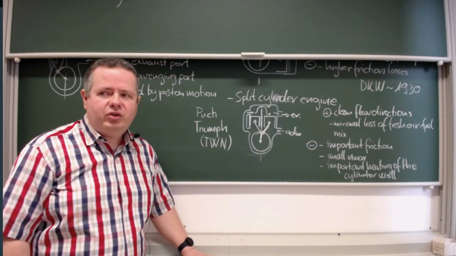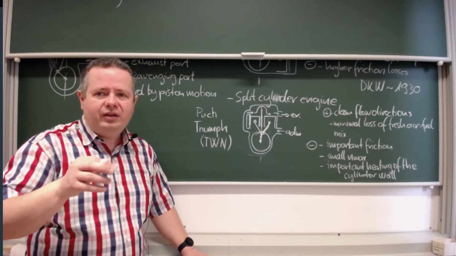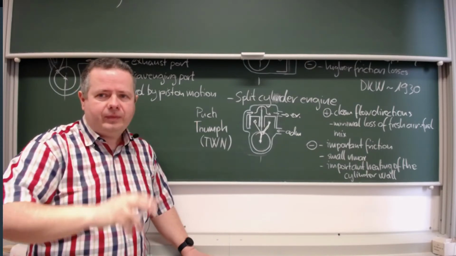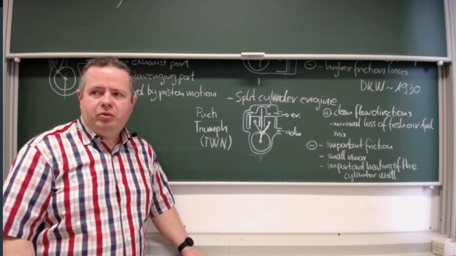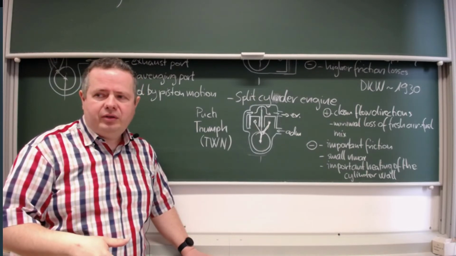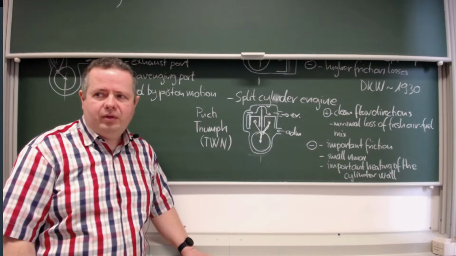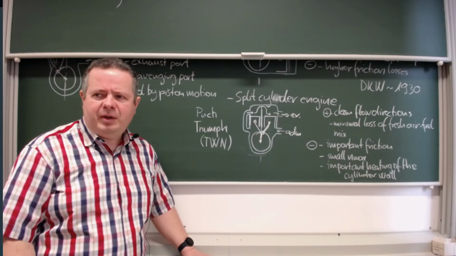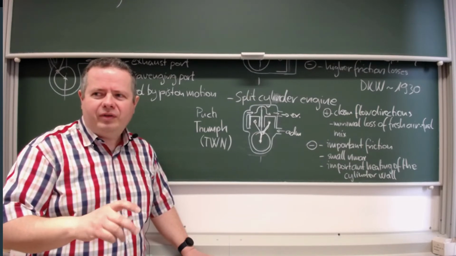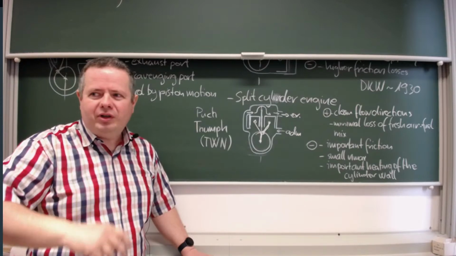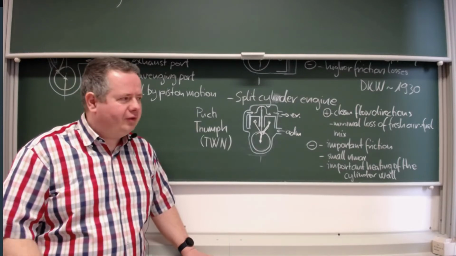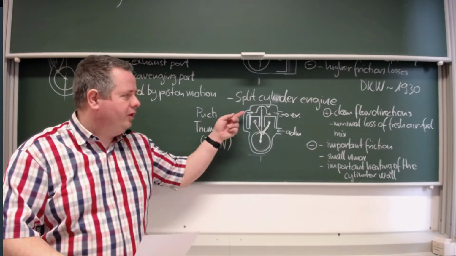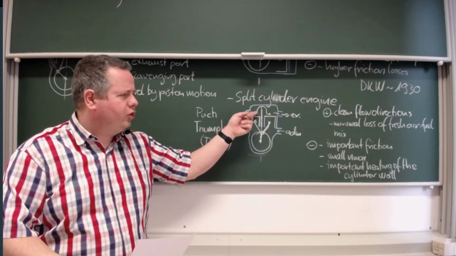And if you see such a cylinder, which is a long cylinder because of the twin pistons, and you see just one carburetor and one exhaust port, you can know that it's a split cylinder engine. It has a typical brum brum brum noise, a low frequency noise, much lower than the usual 2 strokes, because of the lower RPM and also because of this uniform unidirectional flow.